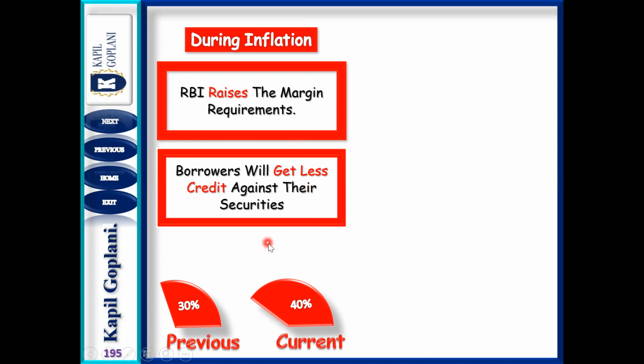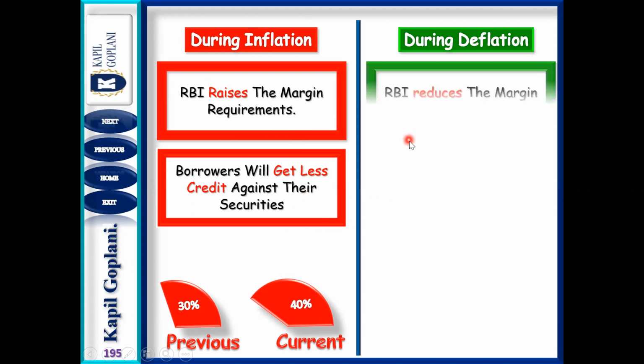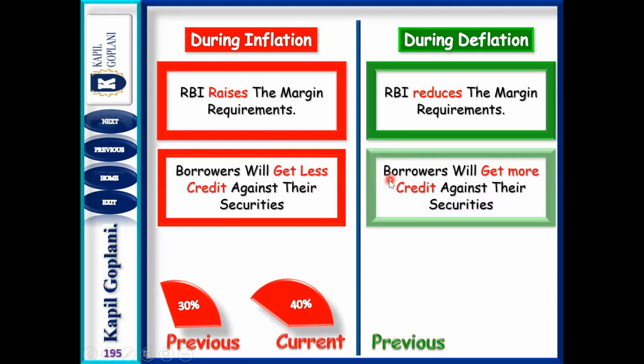So you will only get 60% of the value of your asset. Now coming to deflation, RBI will reduce the margin requirement. Suppose it was first 30%, now RBI has gone to 10%. So RBI will reduce it so that more loan amount comes to the customer, or borrowers will get more credit against their security.